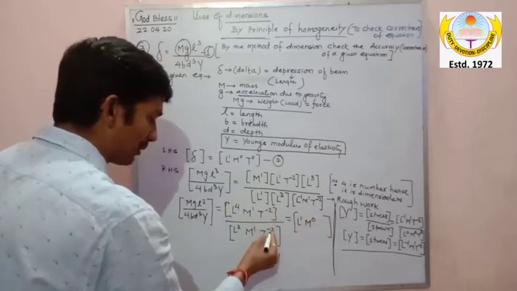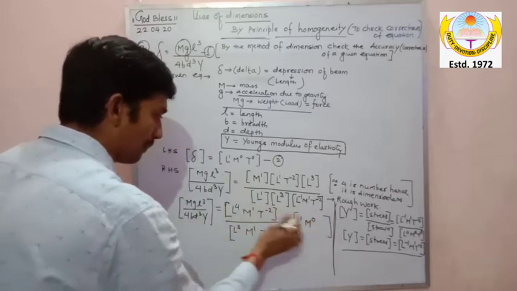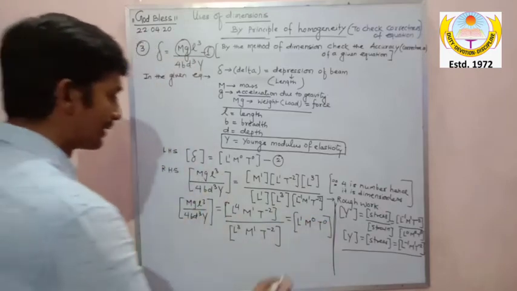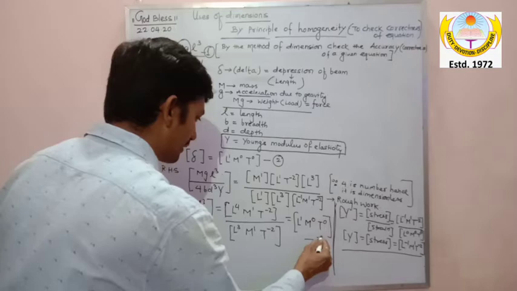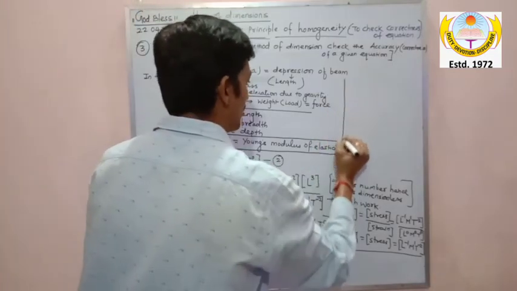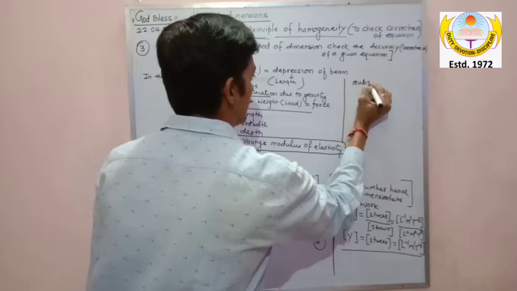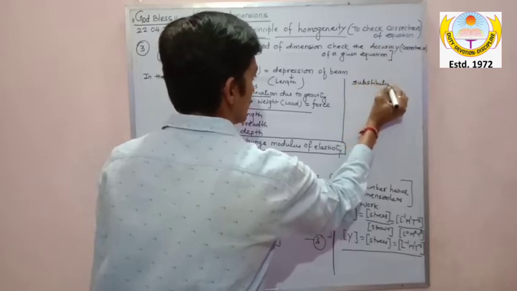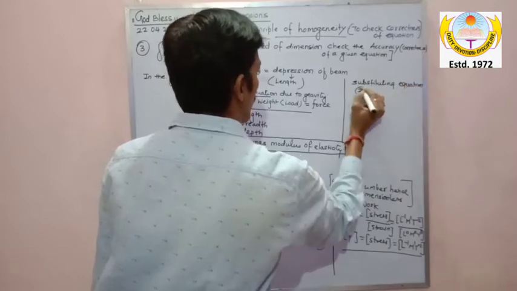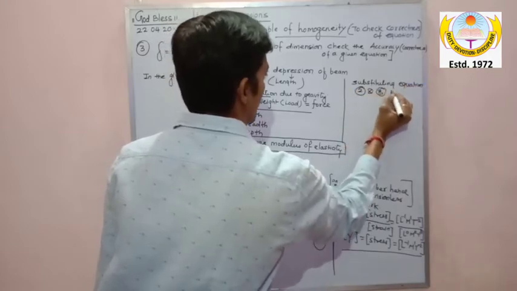T power minus 2 divided by T power minus 2 goes up and becomes T power plus 2, so minus 2 plus 2 becomes 0. I will put this as equation number 3. So now I hope the question is solved. Here I will write: substituting equations 2 and 3 in 1.